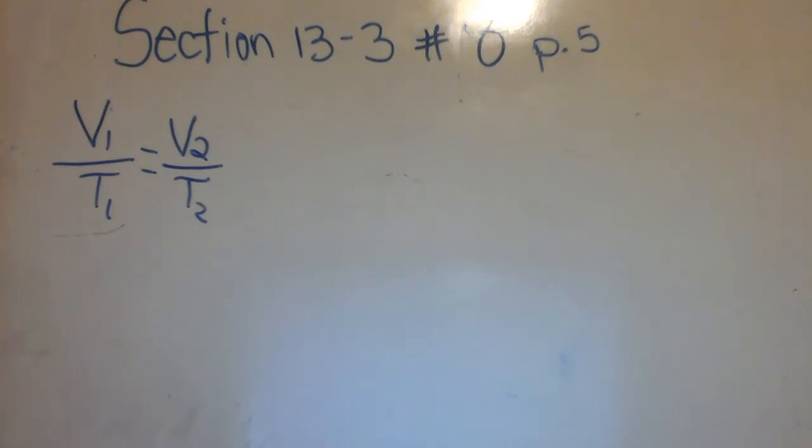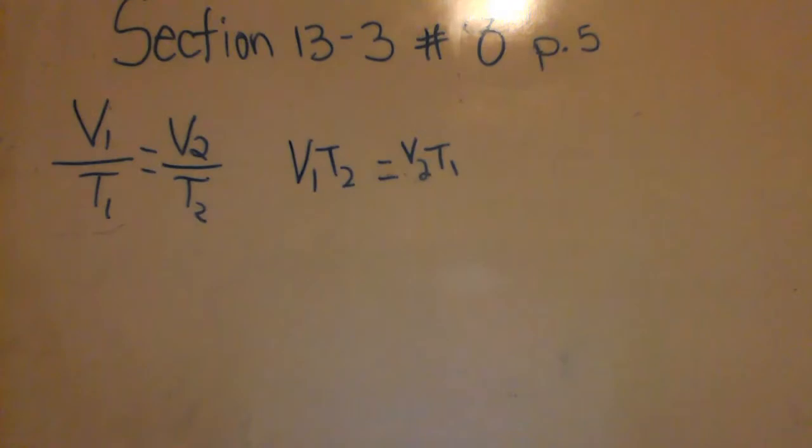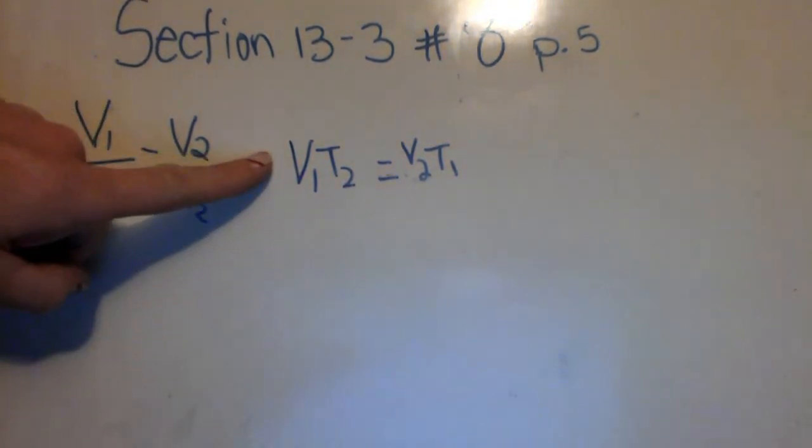In this problem, the volume and temperature that we start with are actually stated second. And we're solving for the second volume. Therefore, we have to rearrange this equation in order to solve for the second volume. First, we cross multiply and get this equation.